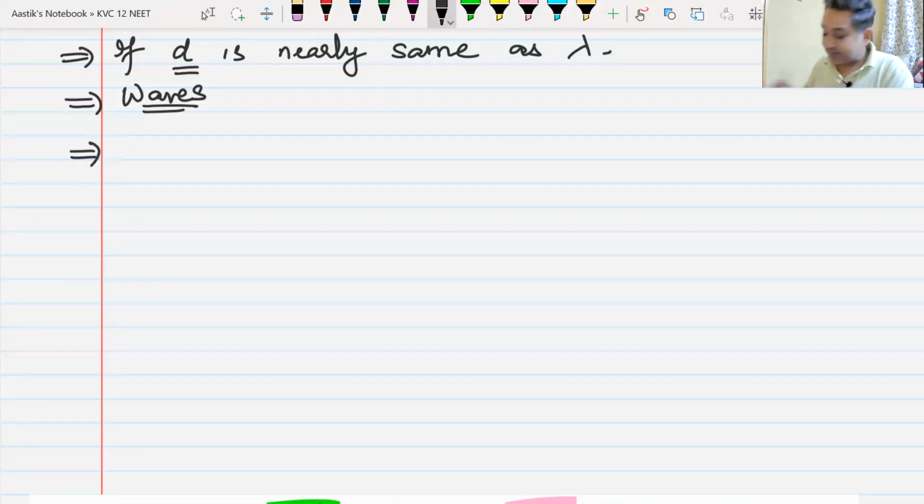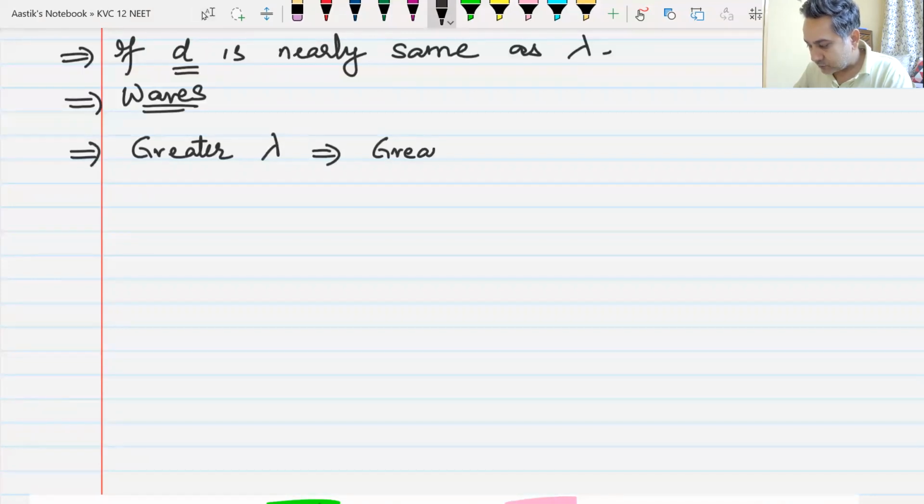Now, the next thing is, greater wavelength means greater degree of diffraction.